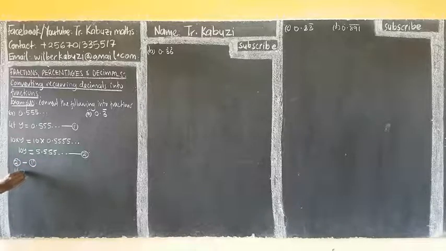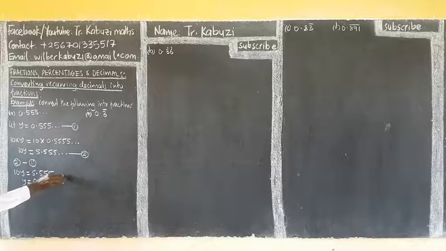My 2 is 10y equaling 5.555, then our 1 is y equaling 0.555 recurring. You see, our idea is to make sure that these are the same, so that when we subtract, they will go off.